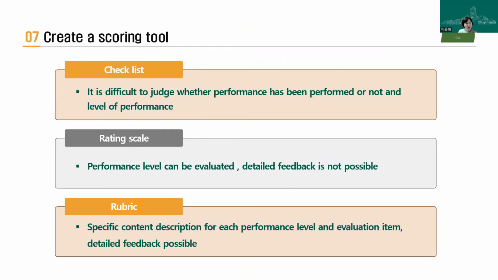There are three main types of scoring tools, each with different strengths and limitations. A checklist lists required elements or behaviors to look for. Each item is marked present or absent, yes or no. And a rating scale shows performance levels using numbers or descriptors.